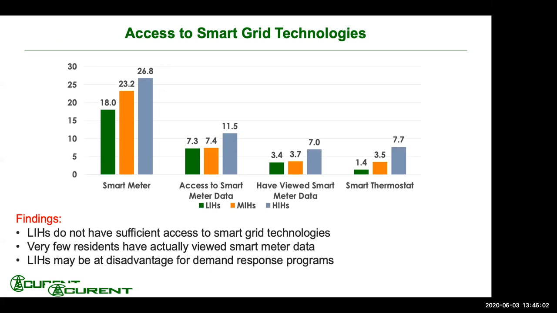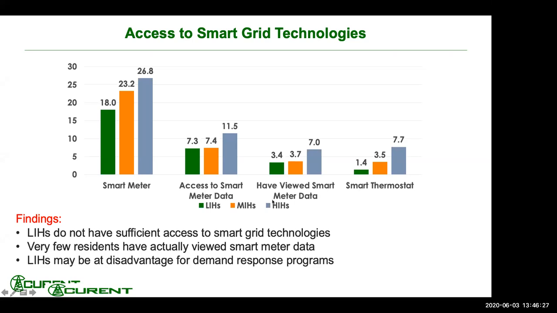All right, so next is how much low income, medium income, high income have access to smart grid technologies. So low income people have less access to smart meters compared to other income groups. And it seems like they don't read smart meter data as much as higher income.